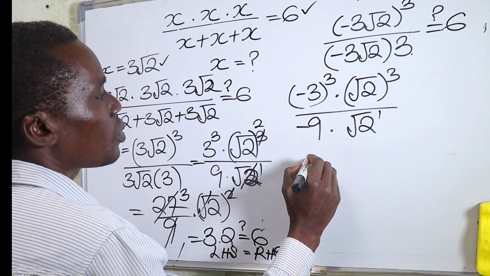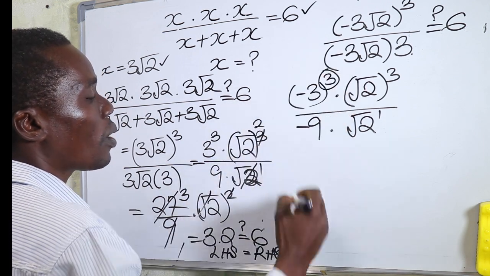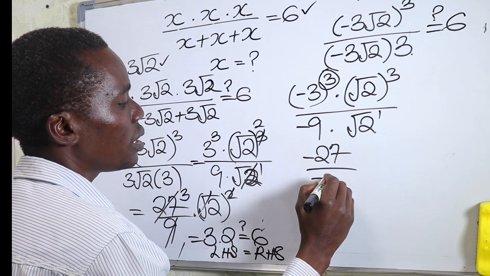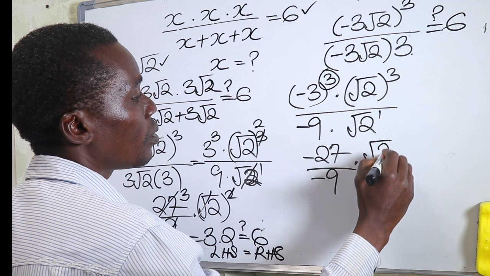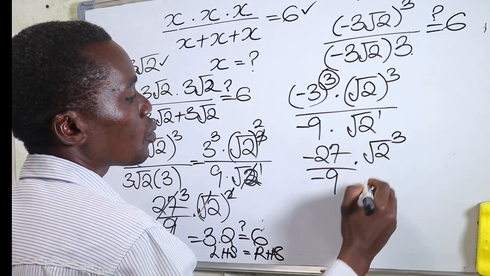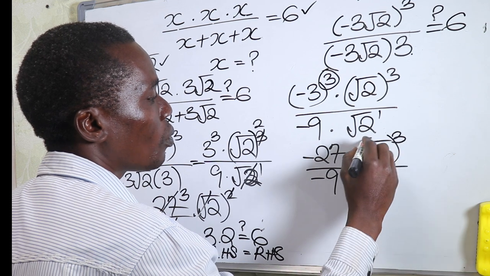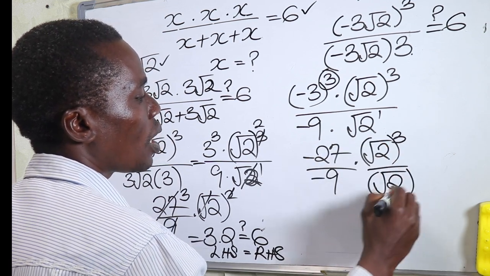While this is going to give us negative 27, because we have an odd power, divided by negative 9 multiplying negative square root of 2 cubed, multiplying square root of 2 all to the power of 1.